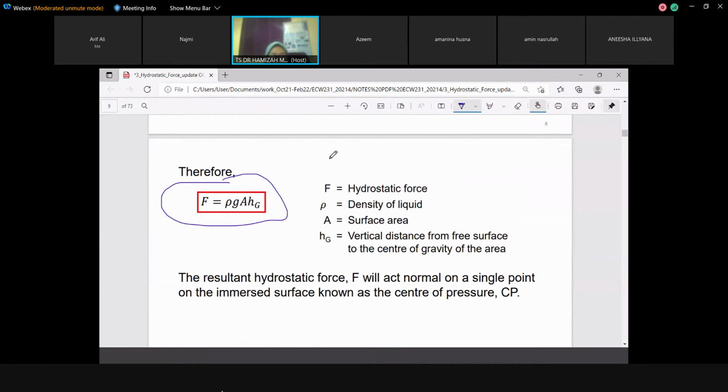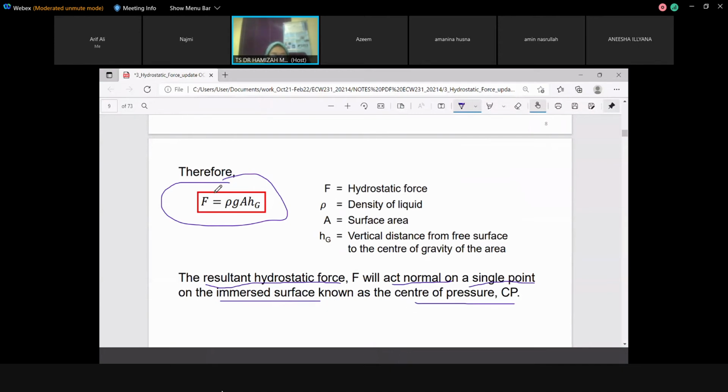So kita ada force equals rho, the density, times gravity times area times Hg. This resultant force F will act normal on a single point on the immersed object or structure, known as the center of pressure.